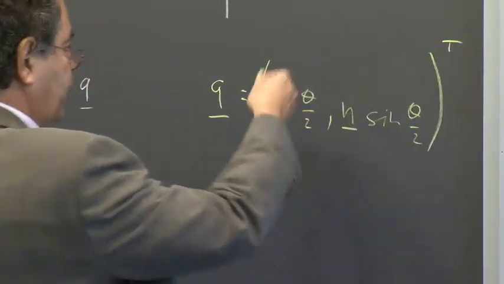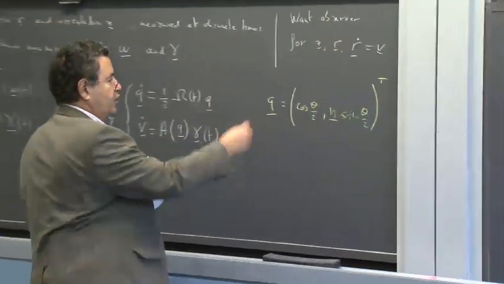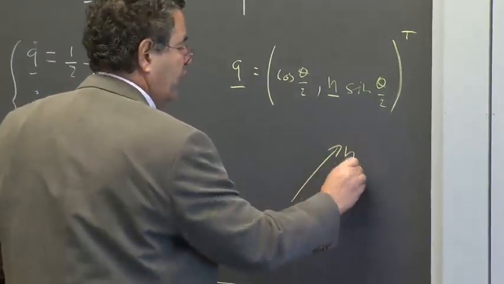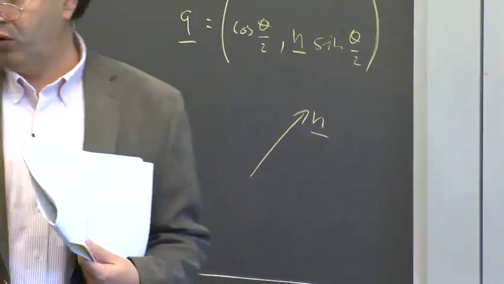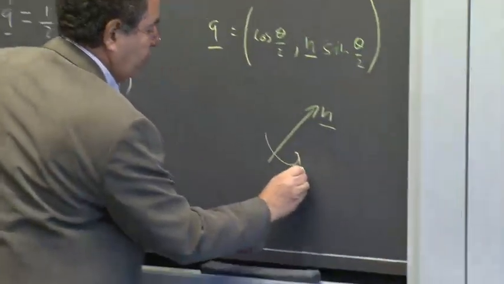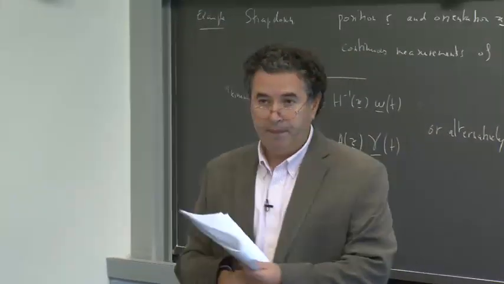So it's composed of these four components, cosine theta over 2 and n sine theta over 2, right? Where n is the unit vector around which the rotation happens, okay? And theta is the angle of that rotation, okay?